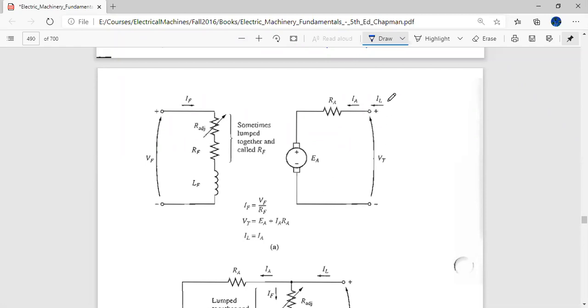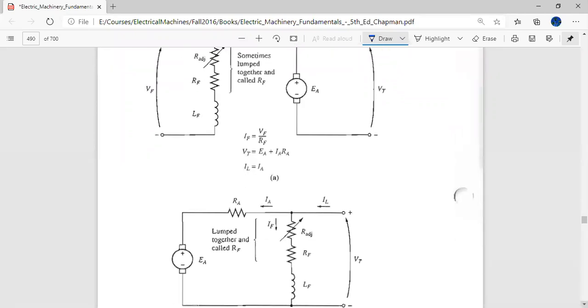So this current is sometimes referred to as the load current. For this one, IF will simply be equal to VF over the combined resistance of R adjustable and RF, but sometimes they are just lumped together and called RF. So this is the first equation. The second equation we have already done on the last page, and IL is equal to IA, as I just told.